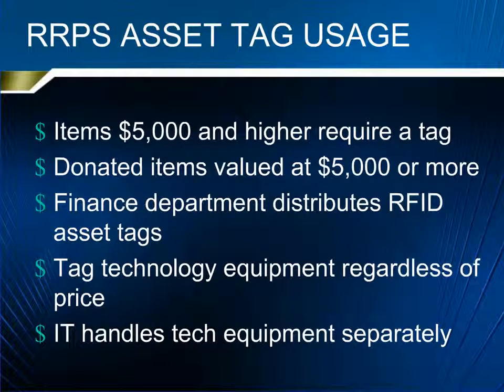The IT department will tag all technology equipment and maintain a separate accountability for technology equipment. Although the IT department will maintain accountability for technology equipment under $5,000, the disposal process of these items will remain the same.